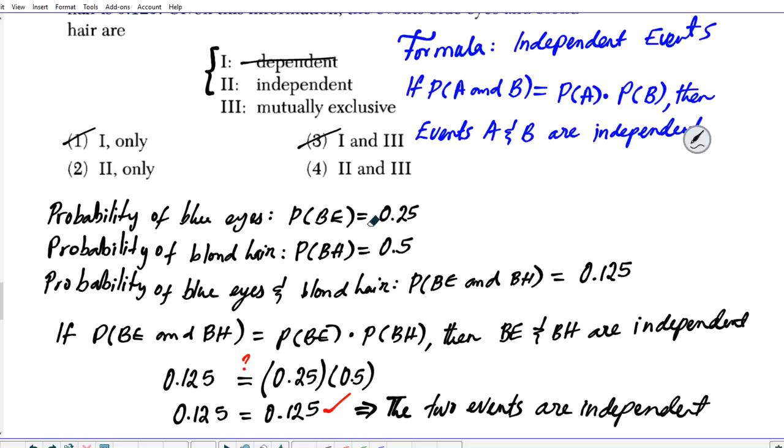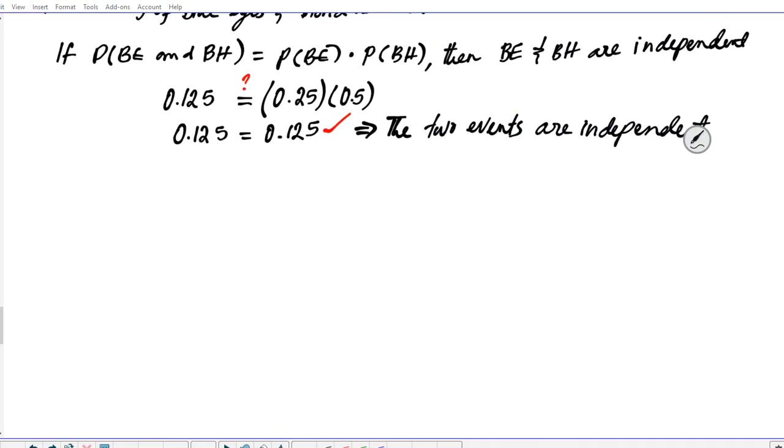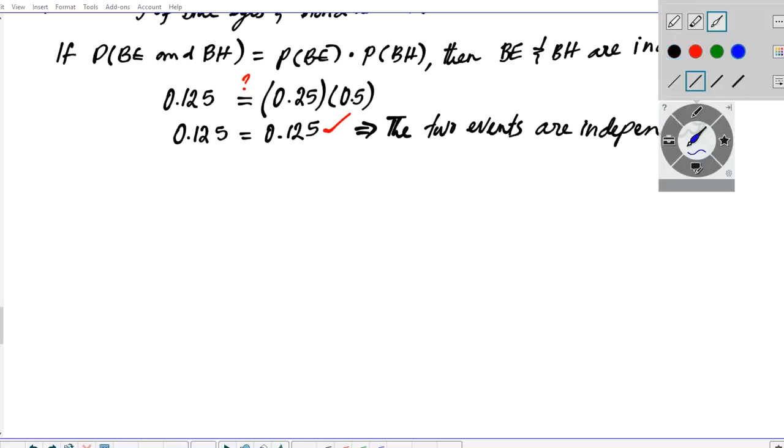To get that part started, we will take a look at the formula to determine if two events are mutually exclusive. Alright, so the formula is as follows. So we have the formula for mutually exclusive events.